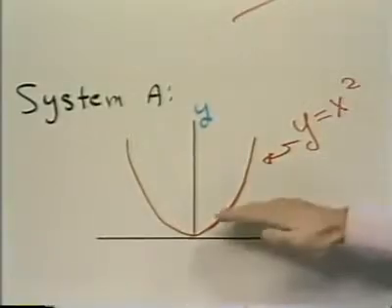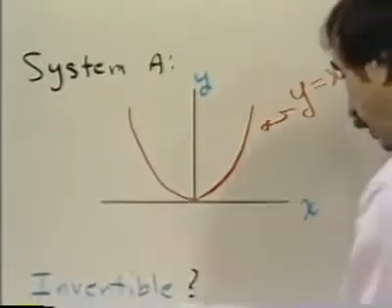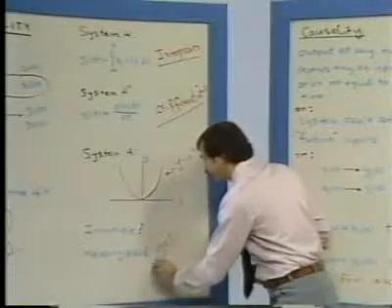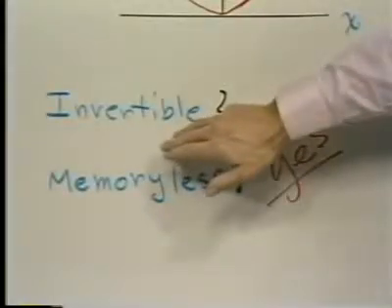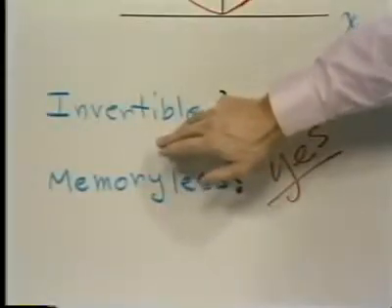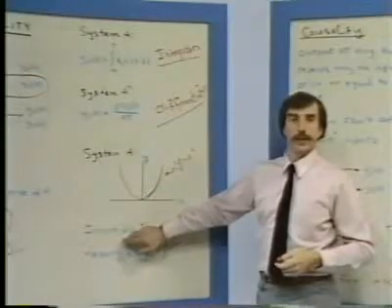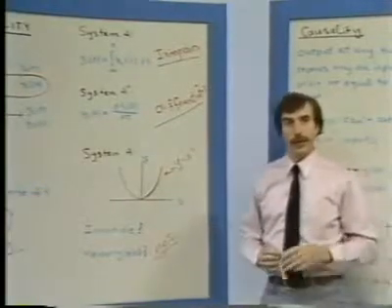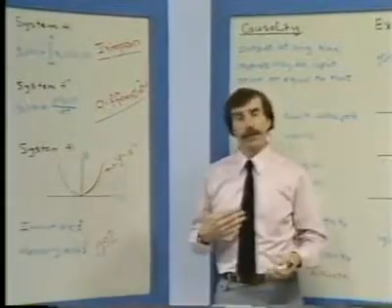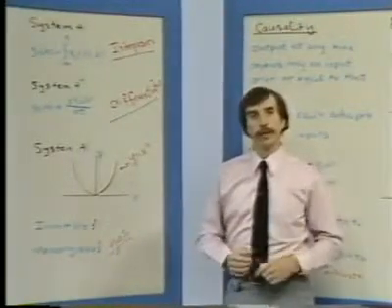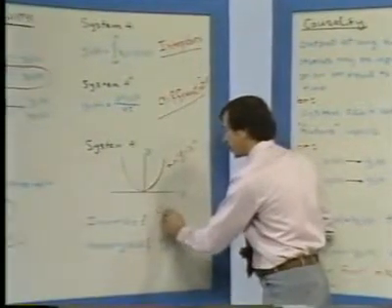We discussed previously the fact that the squarer is a memoryless system. And now the question is, is the squarer an invertible system? Well, the question then is, if you're given the square of a signal, can you figure out what the signal is? And as I'm sure you've already suspected, the answer to that is no, because obviously if the signal was negative or positive, you wouldn't be able to figure that out after you've squared. So in fact, the squarer is not invertible.